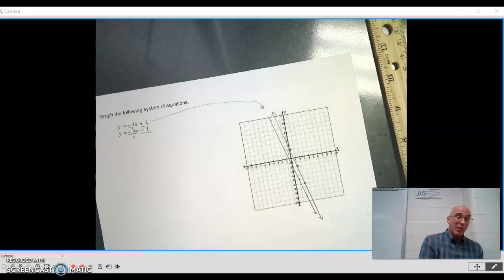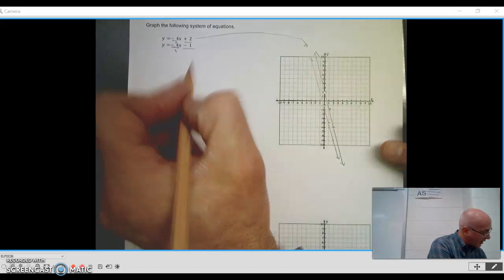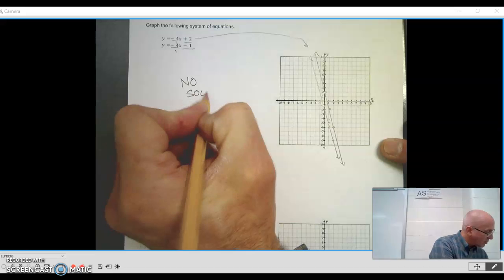So what this means is that there is no point that is on both lines. They're parallel. And we'll determine at some point in the future why that is. But this one has no solutions.